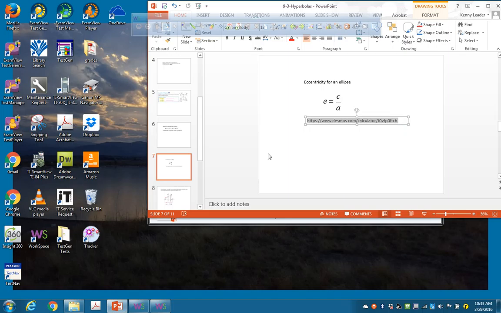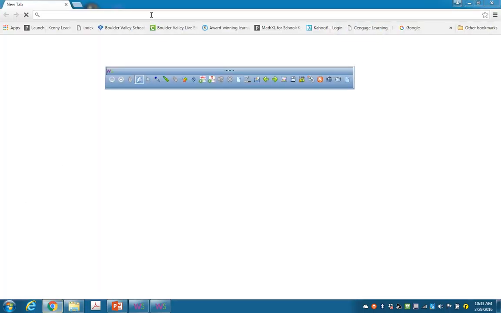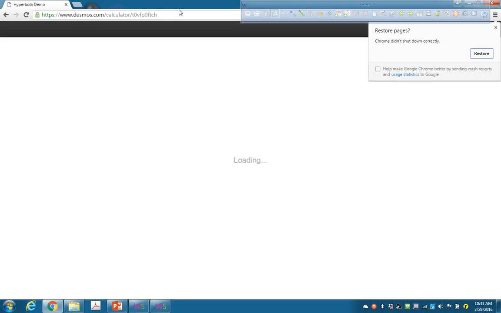Watch. I found this little link that is a hyperbola generator on Desmos. Some of you are familiar with Desmos. Hopefully this will go to it. Go ahead. Why is it not going? Here we go.